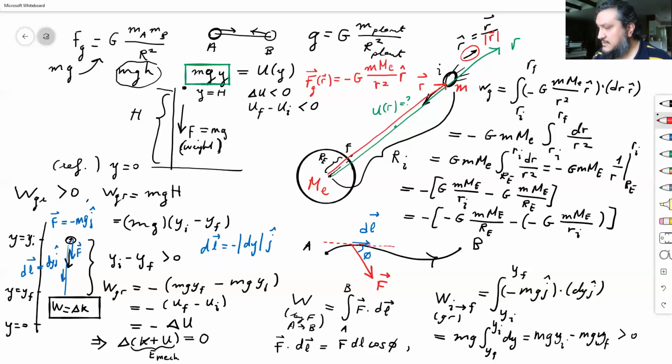It means now the new form for the potential energy, gravitational potential energy, is negative G M Earth over R. Okay, now compare this to mgy. Now, what are the differences? mgy, the little g, was based on the assumption that you're not moving over far distances, really short, lab environment or from the building.